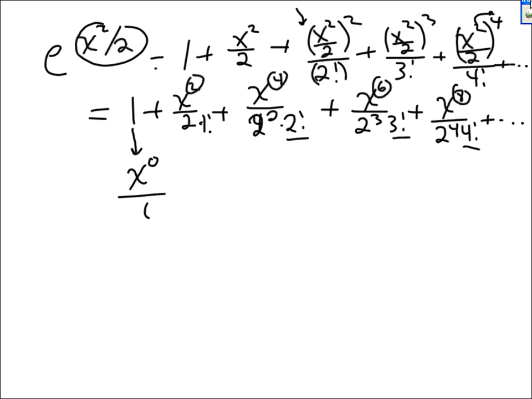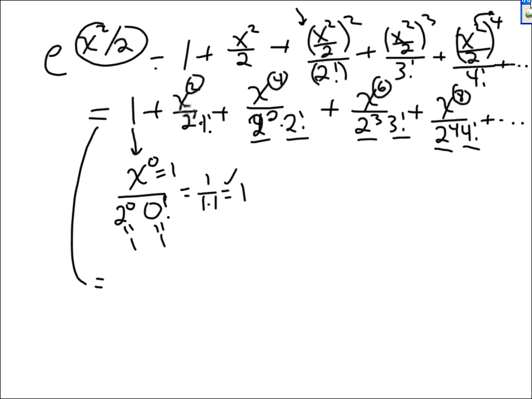So the next one should be 0 factorial. Then you have 2 to the 4, 2 to the 3, 2 to the 2, 2 to the 1. The next one should be 2 to the 0. And this is 1, because x to the 0 is 1, 2 to the 0 is 1, 0 factorial is 1, 1 over 1 times 1 is 1. So the first term fits in like a glove.